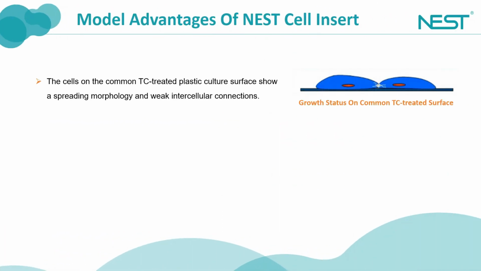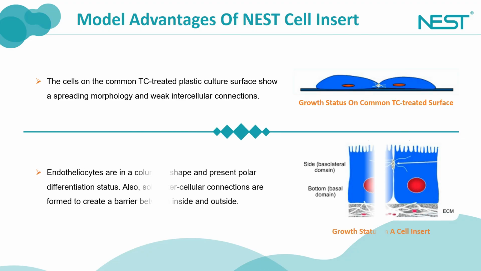From this picture, we can easily see that the cells growing on the TC-treated surface are spreading out with very weak intercell connections. The figure below shows the growth status of the cells inside the cell insert. The cells have grown into a columnar shape and show polar differentiations. The intercell connections are very close, forming interior and exterior barriers, which may help cells show polarity functions.